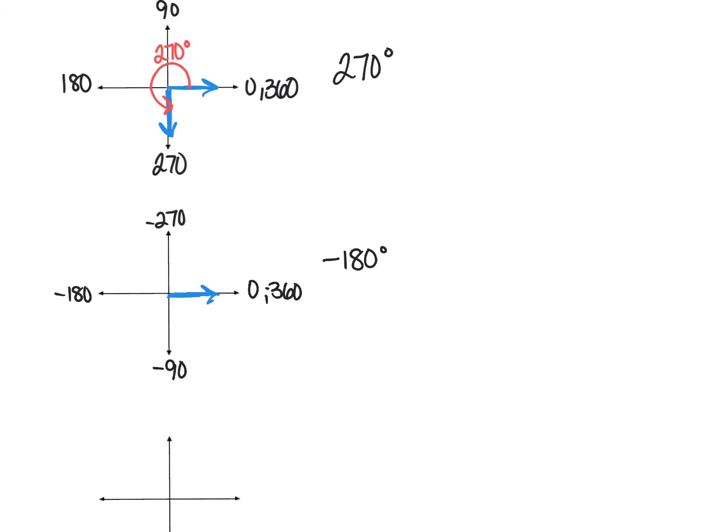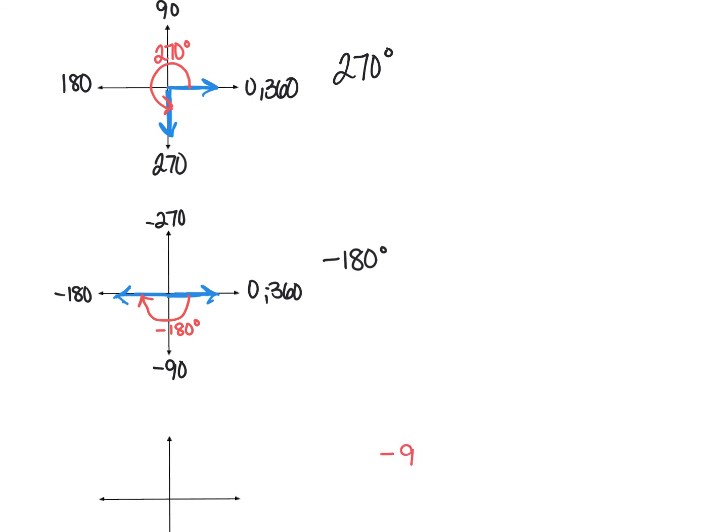And this time we're ending at negative 180, which is here. That's interesting. That's a straight line. Well, that's okay. You learned that from geometry. 180 degrees makes a straight line, but the directional arrow shows us that we're doing a negative 180, not a positive 180.